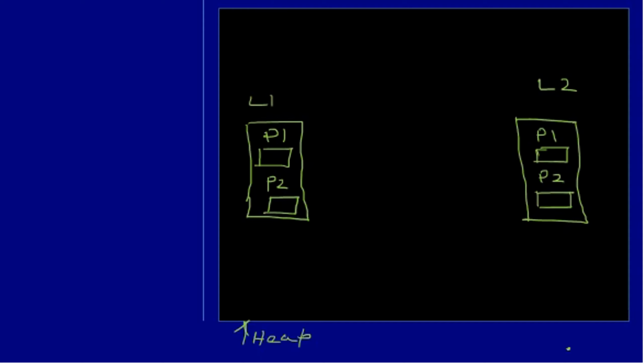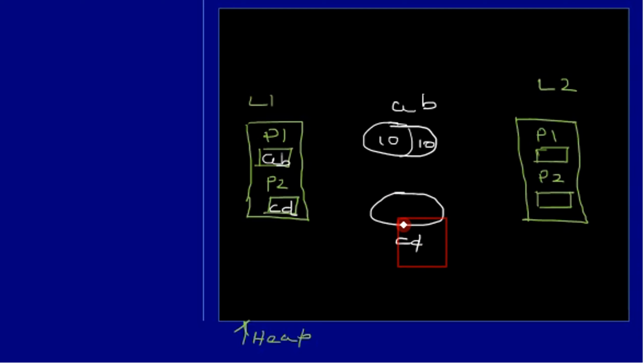As usual, the user created line object L1, and the location is AB. Here also, CD. So this is the location in the heap AB, and it contains X as 10 and Y as 10. And there is one more object, CD, where X is 5 and Y is 5. Now P1 is pointing here and P2 is pointing here.